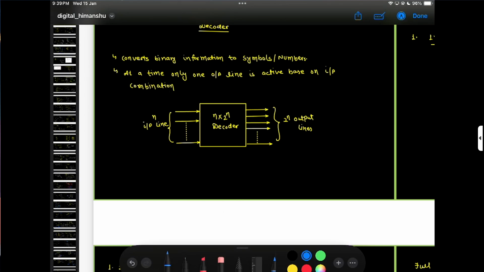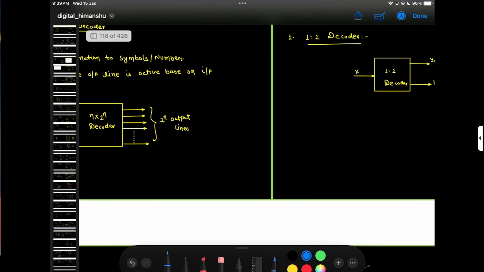What is the difference between a decoder and a demux? In a decoder we don't have a select line, but in a demux we have a separate select line. Their input line is different and select line is different, but here the input also behaves as a select line.